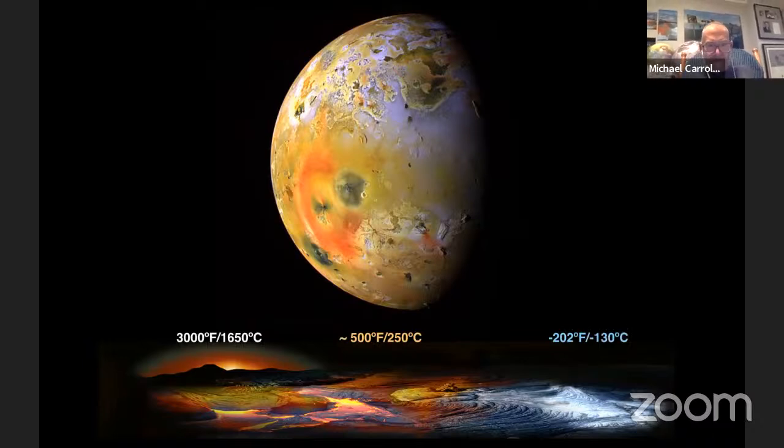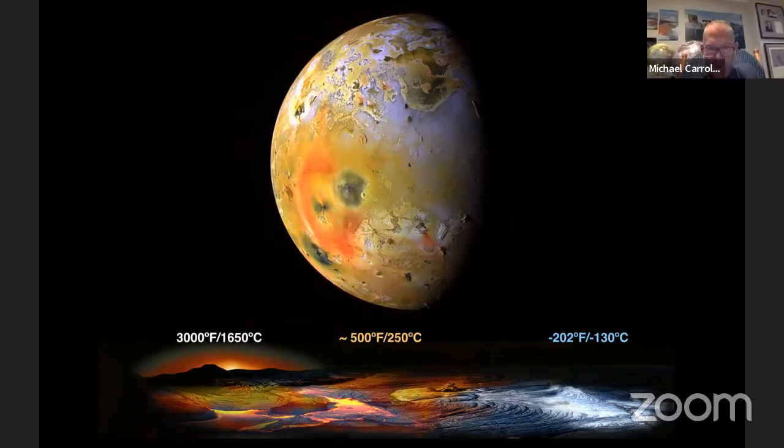At 3,000 degrees Fahrenheit, 1650 centigrade, some of these vents are spewing out stuff 300 miles into the airless sky. And so you get a lot of black right at the vent.